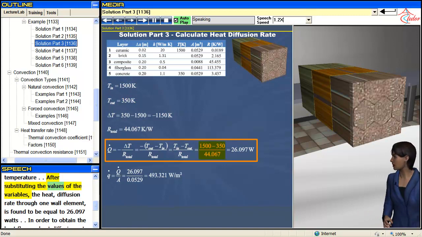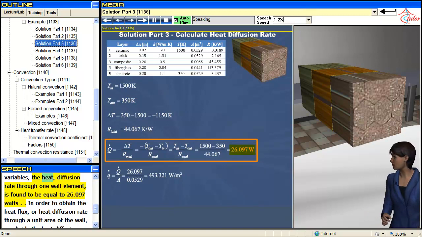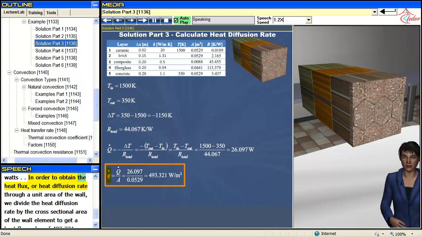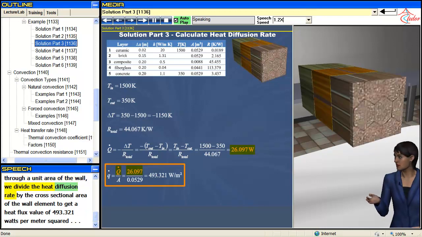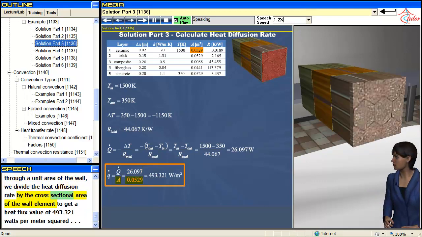After substituting the values of the variables, the heat diffusion rate through one wall element is found to be equal to 26.097 watts. In order to obtain the heat flux, or heat diffusion rate, through a unit area of the wall, we divide the heat diffusion rate by the cross-sectional area of the wall element to get a heat flux value of 493.321 watts per meter squared.